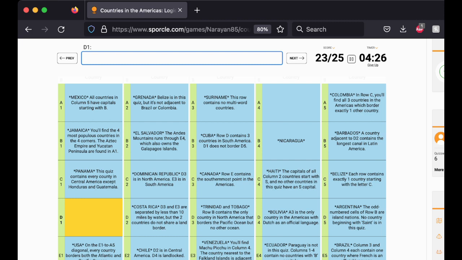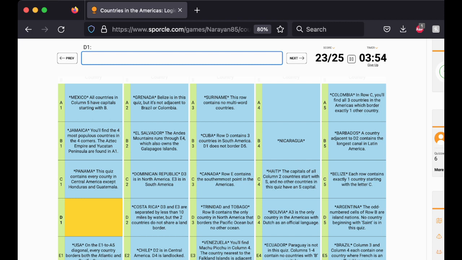Row C, you'll find 3 countries. Okay, we have all the row C's, 5, 4, corners. So we've done that. And B1, E4, we have done that. Row D contains 3 countries. A country adjacent to D2 contains a long canal. Okay, we've already done that, Panama. This quiz contains every country in Central America. D3 is in North America.